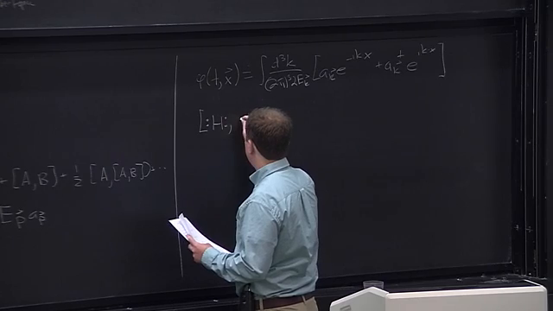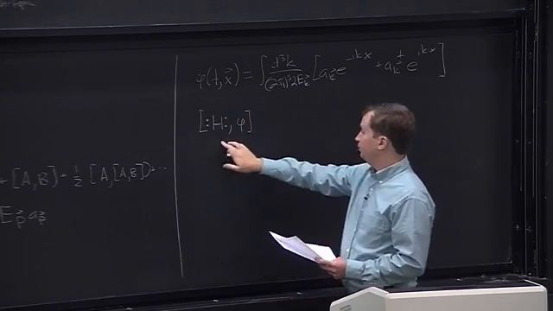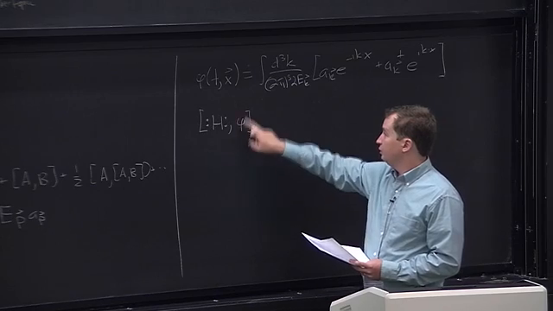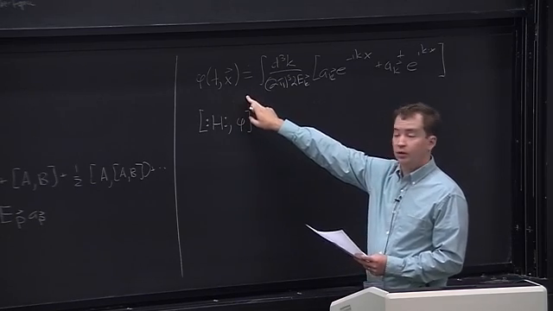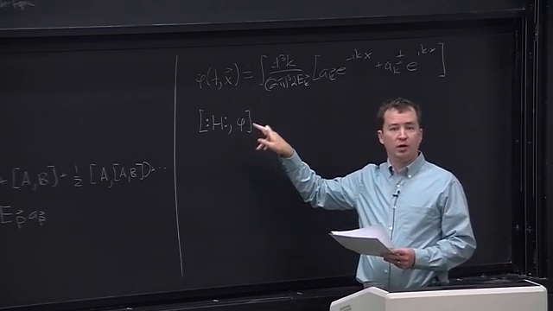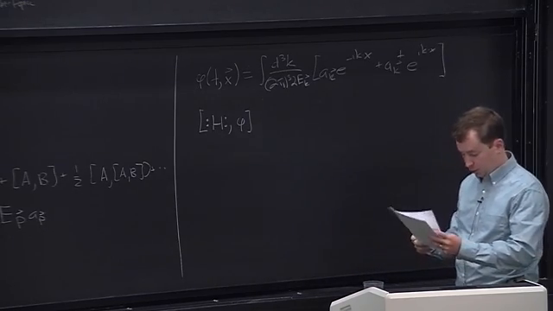And just as a check to see that everything we're doing is consistent, we can compute the time evolution of this field operator in the Heisenberg picture. We expect just to get minus i times the derivative of phi. That's the Heisenberg equation of motion.